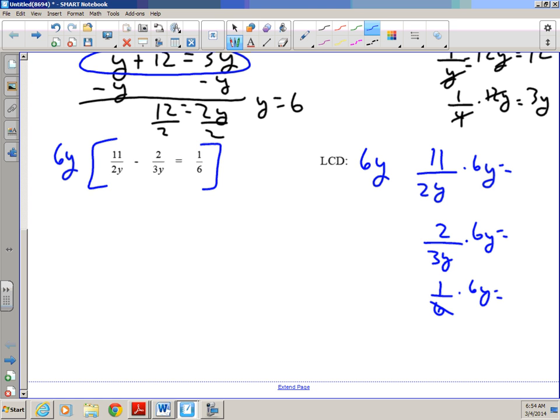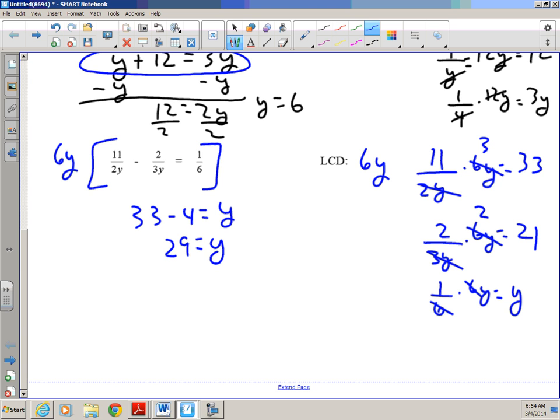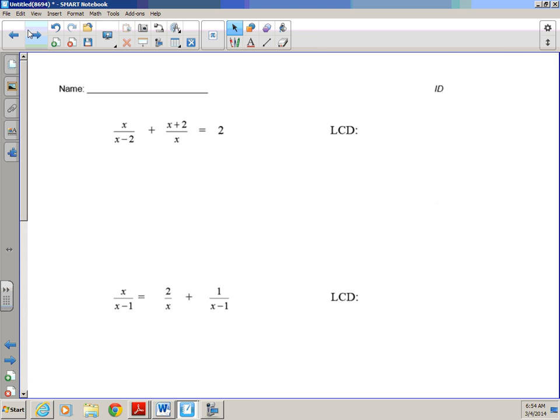So when I do my canceling, I'm left with y, 2, and not 2 but 4, because that's a 2 here. 2 times 2 is 4, and 33. So what am I simply left with? 33 minus 4 equals y, or 29 equals y. And again, no extraneous solution. I go to the next page.